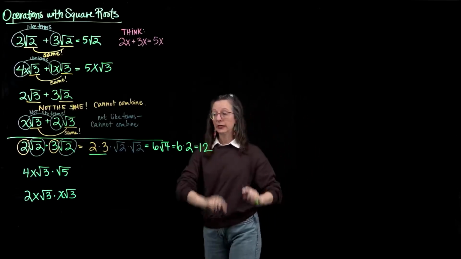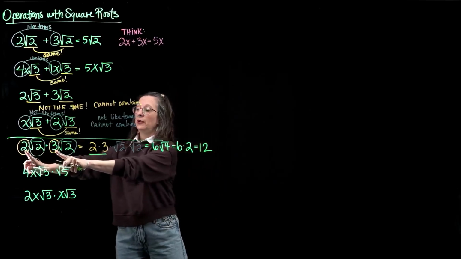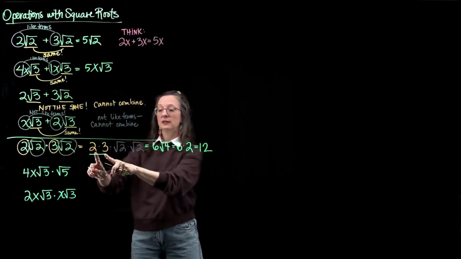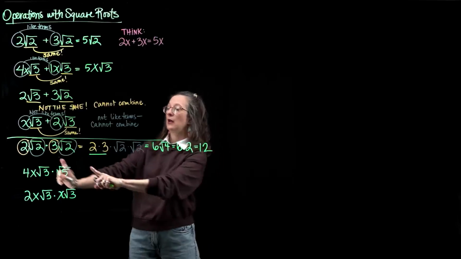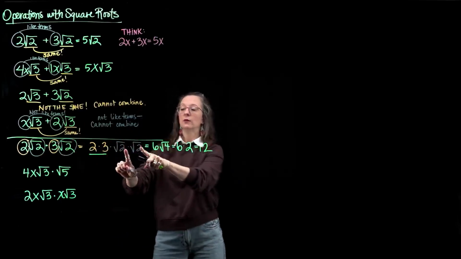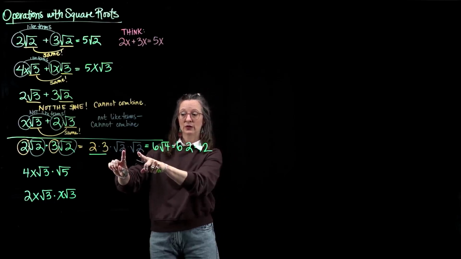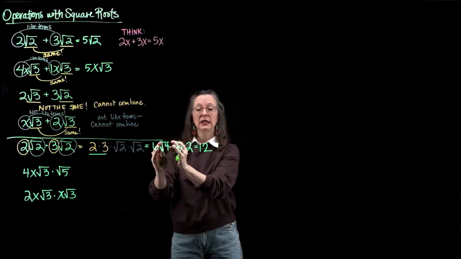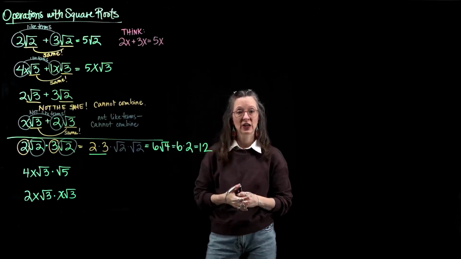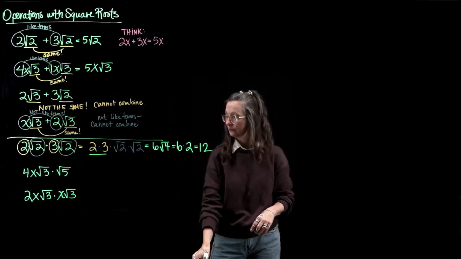The important part here is grouping up the numbers on the front together, 2 times 3, and grouping up the square roots together, square root of 2 times square root of 2, combining each of those, and then finishing out that multiplication.